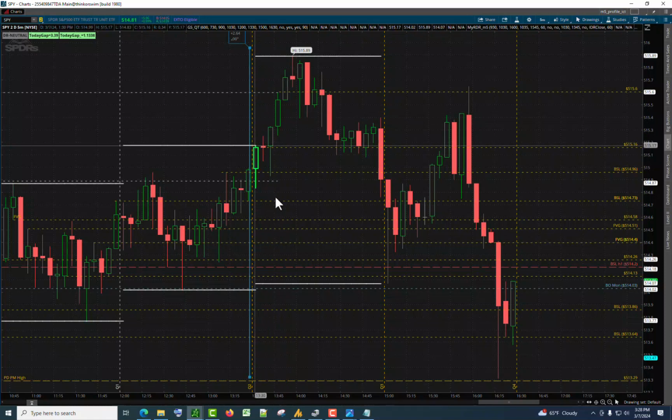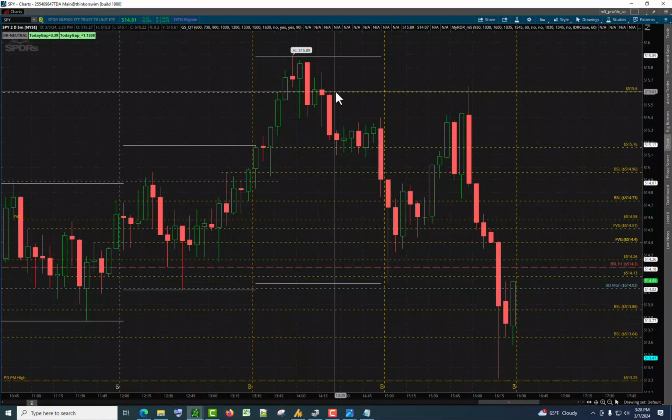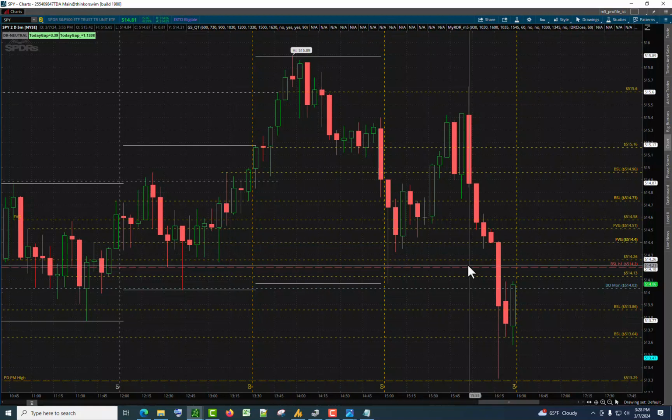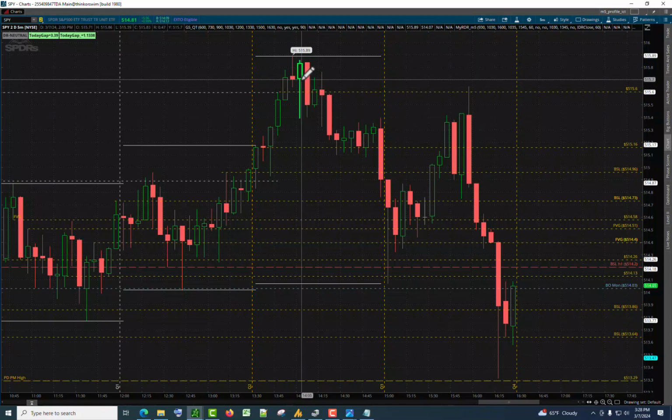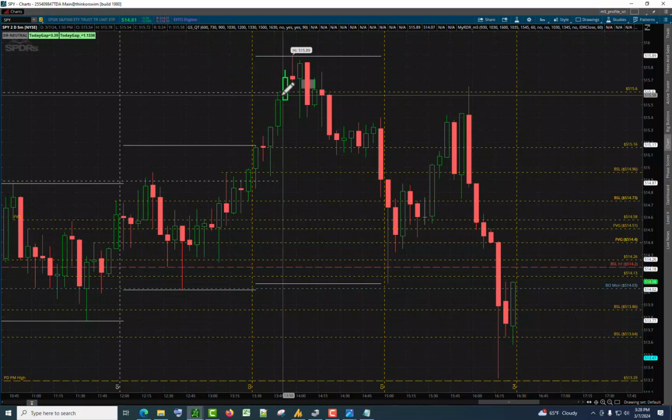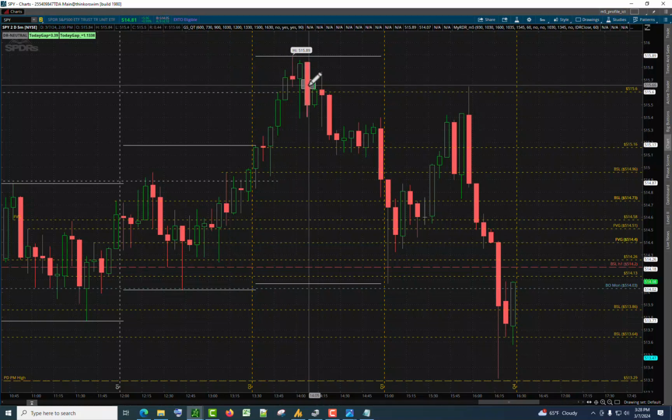The reason why this trade worked well is because you see the setup right here. It's the breakout level, it breaks up there, and it breaks down and creates a gap. You see the gap right there. Here's the gap when it broke down. When it broke this level it had a gap, and then here you see the rejection.